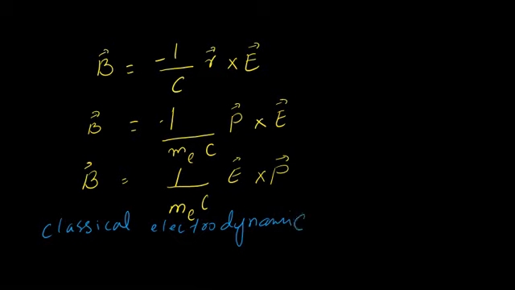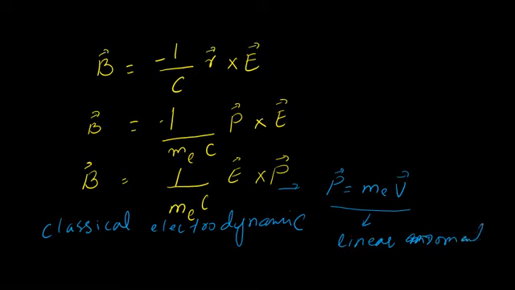Here p represents the well-known relation for linear momentum, equal to m_e v, where m is the mass of the electron and v is the velocity. So it represents the linear momentum of the electron.